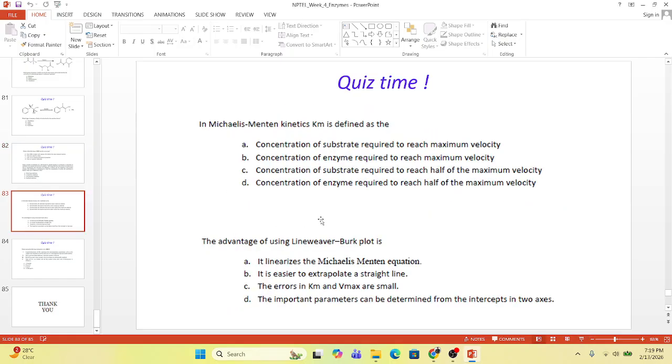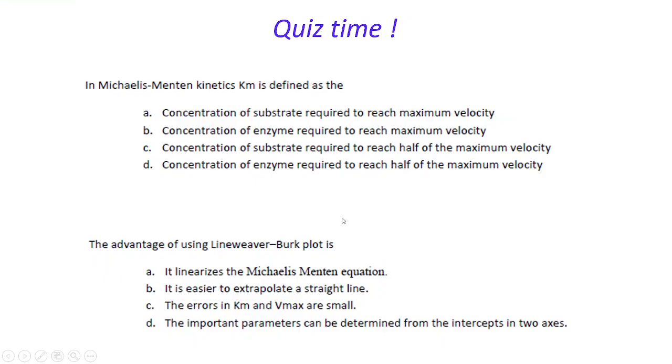Okay. These are certain things which you can try. In Michaelis-Menten kinetics, Km is defined as, what is Km? Very simple.